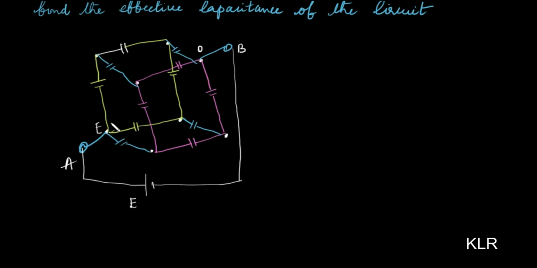If this is E, assume there is a drop in potential of X, so here it is E minus X, and here it is E minus X. Now this is 0, so the potential rise is X, so here this is X, and here this is X. Now we have done denoting the potentials of all the points in the circuit.